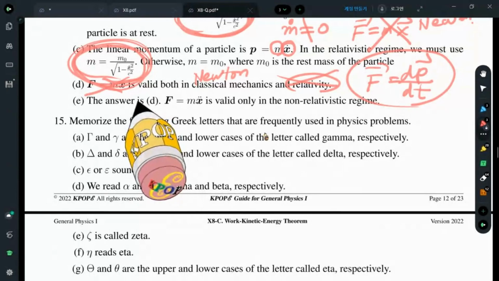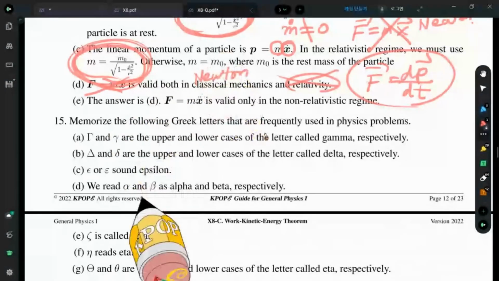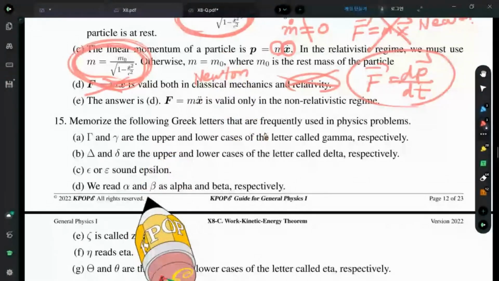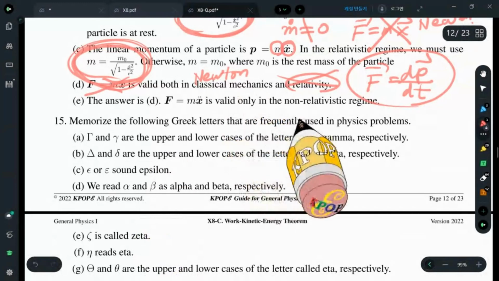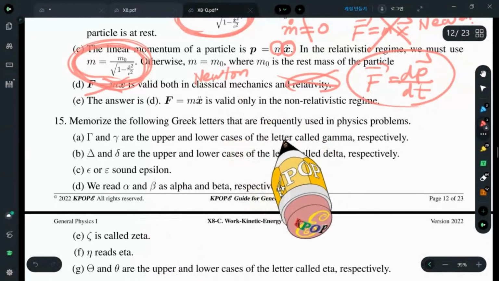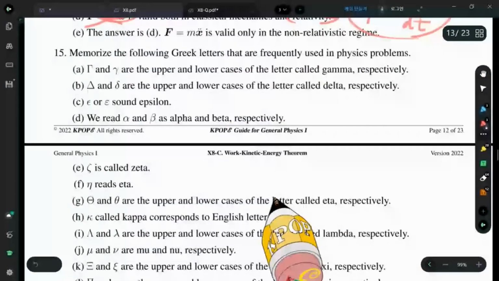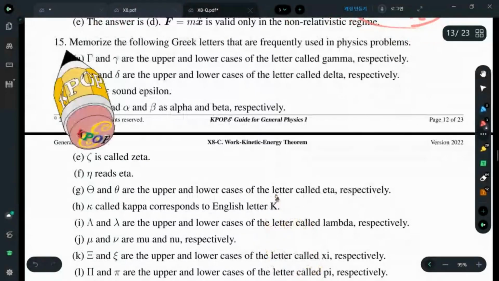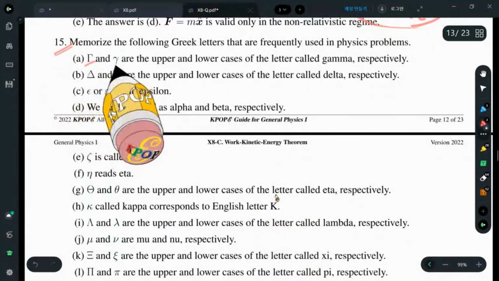Only a massless particle can travel with the speed of light. And in that regime, Newtonian mechanics completely breaks down. 15, you don't have to understand, you just memorize.